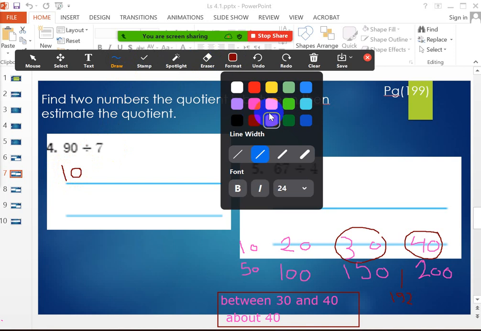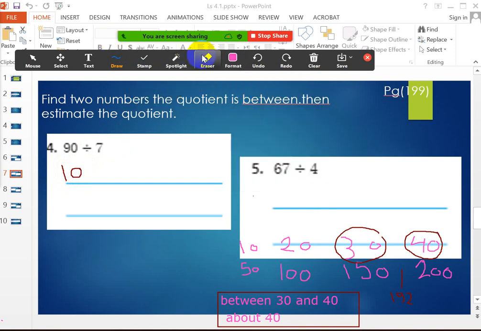After that, I will give you a space here again. Okay, girls, I will write the counting numbers right here.